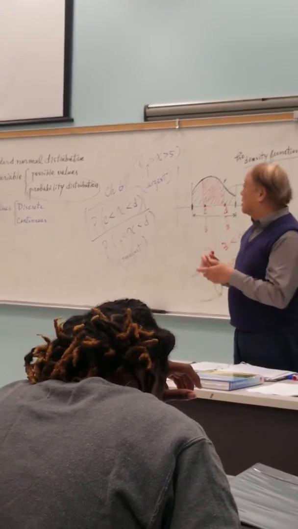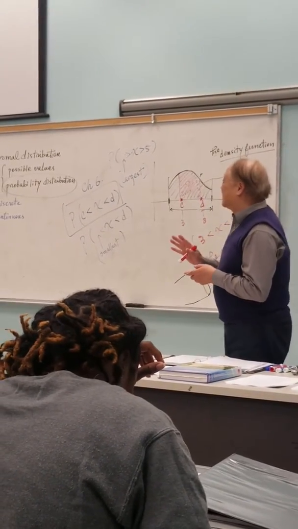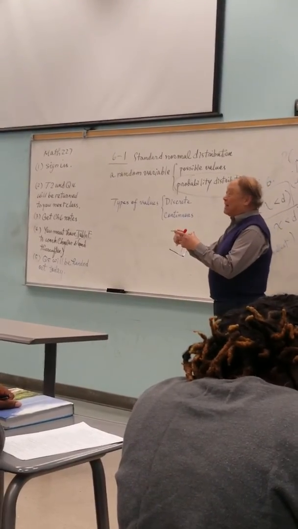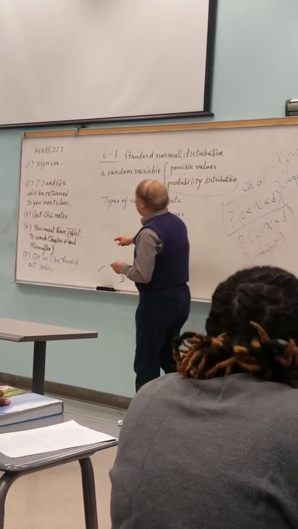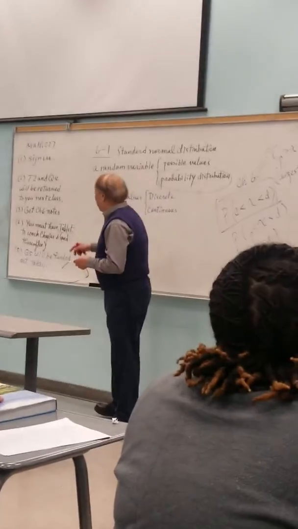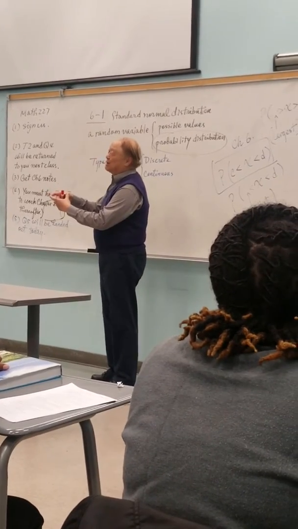Some students take a picture of it, but that's not good, because in a picture you can only see a part of the table. If you want to see the entire table, then it is too small.